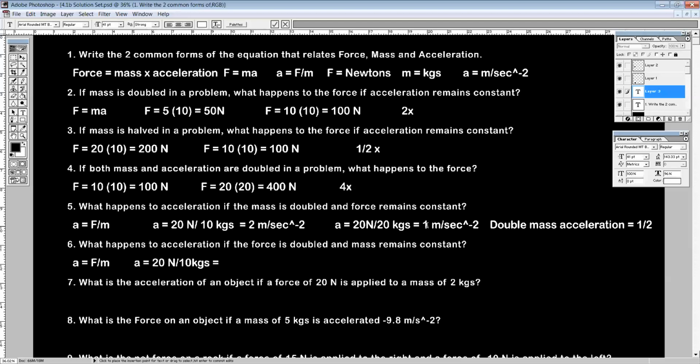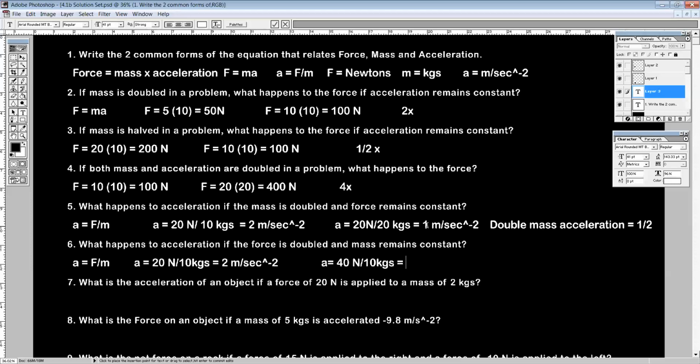And so our answer there, the acceleration, is the same as above, 2 meters per second squared. All right, so now we are going to double the force. So our new problem is 40 newtons, and 10 kilos remains the same.